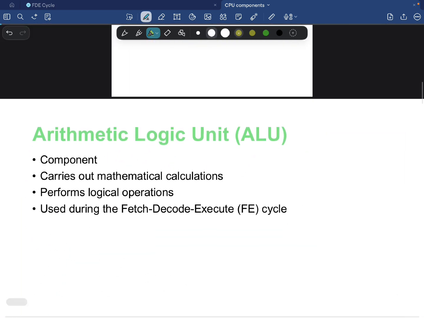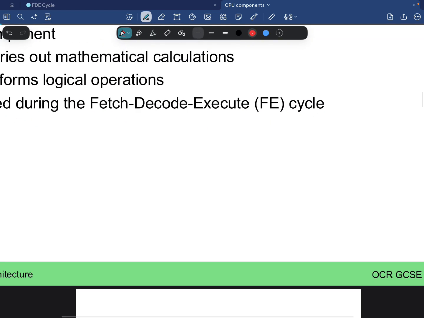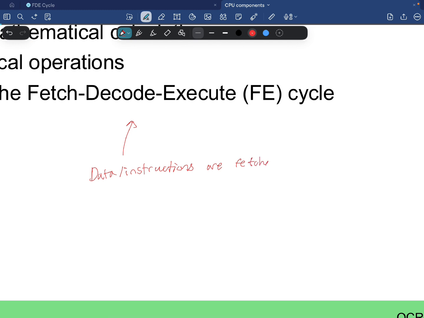Now here we have the arithmetic logic unit, or the ALU. The ALU is a component inside the CPU that carries out mathematical calculations. It performs logical operations and it is used during the fetch, decode and execute cycle, or the FE cycle. A quick recap. We said that in the FE cycle, data and instructions are fetched from memory.